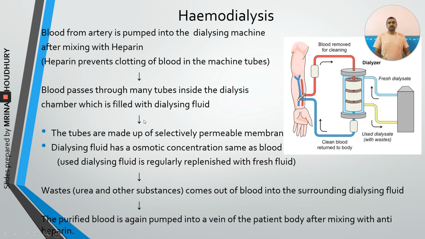Now coming to the process of hemodialysis, understand what it is. Before that, kidneys are very, very important vital organs of our body, because their main function is purifying the blood and throwing out the nitrogenous waste.